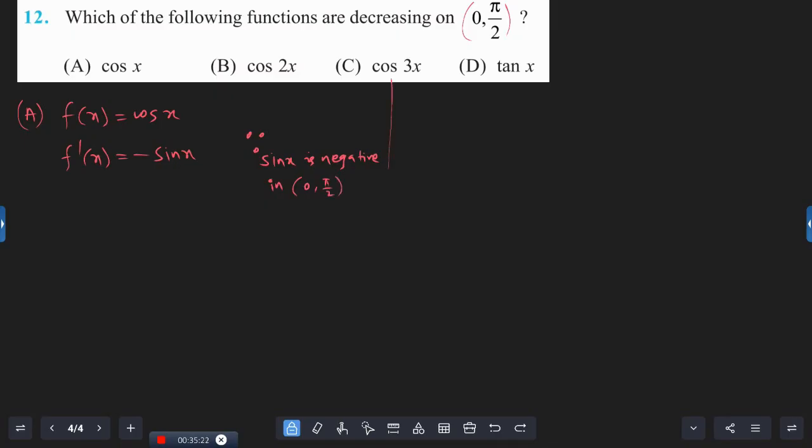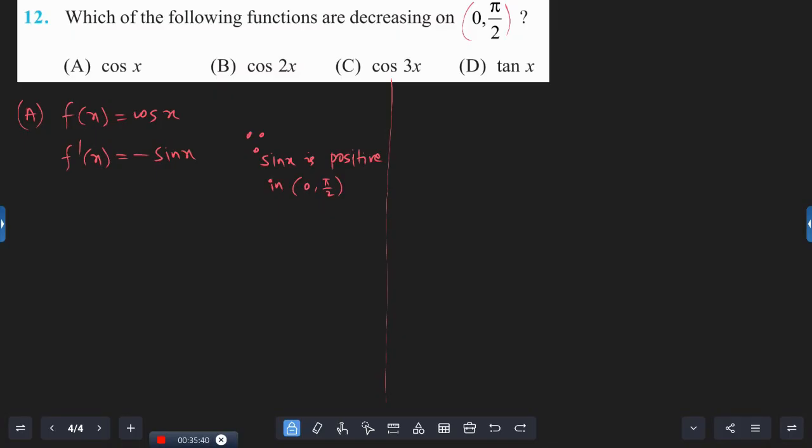Listen carefully. Sin x is positive in the first quadrant, since 0, pi by 2 is the first quadrant.